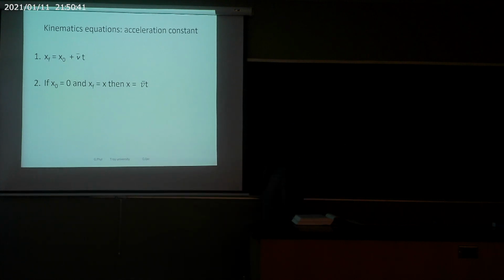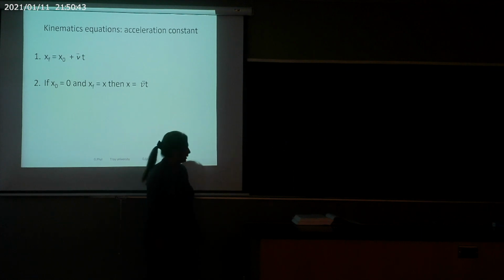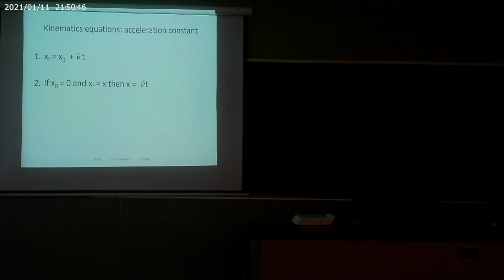The physical meaning of the slope of the graph, displacement versus time, is that it represents velocity in meter per second or whatever unit you are using.